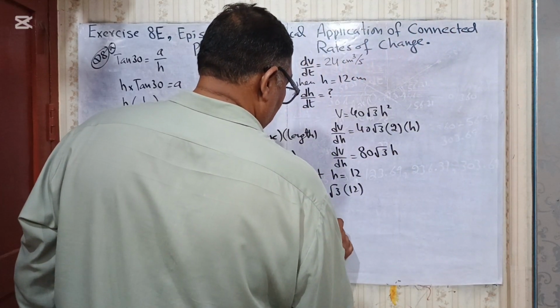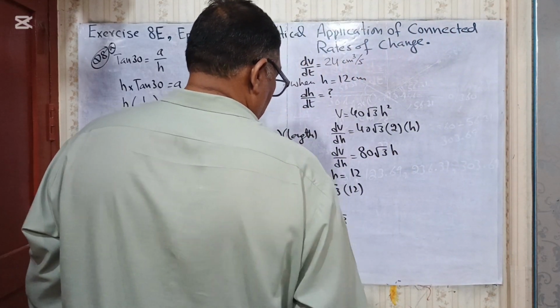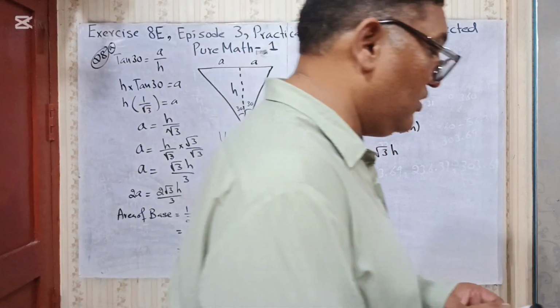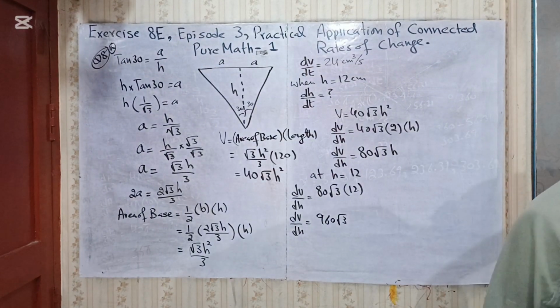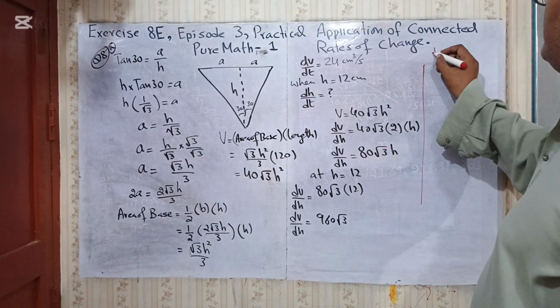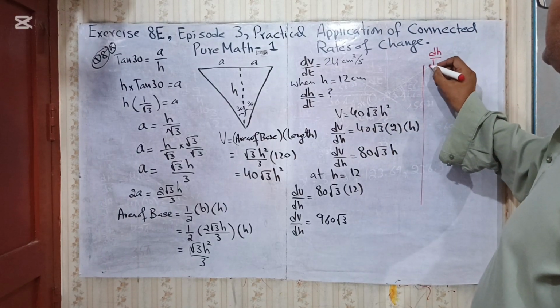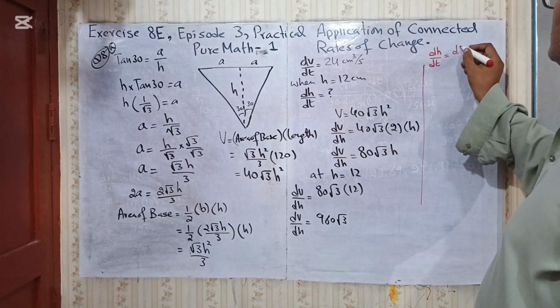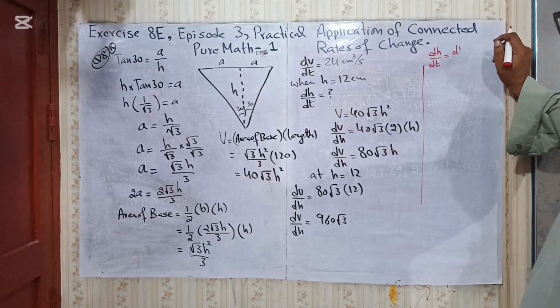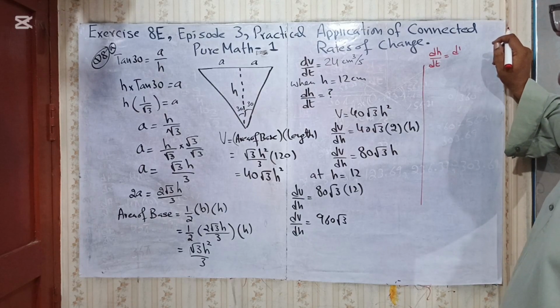Okay, so 12 multiplied by 80, that will be 960, sorry, I was saying something different. 960 and under root 3. So this is my dV by dH.